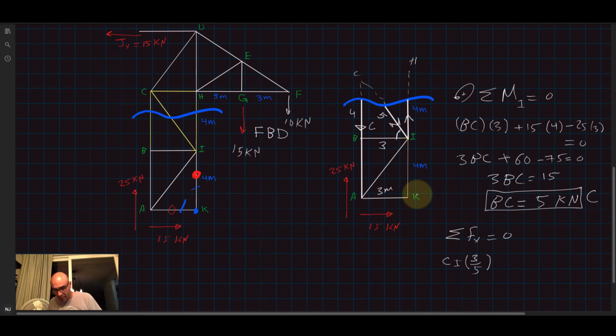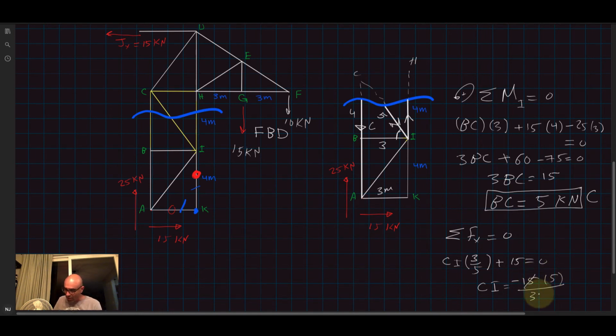Is there any other x-axis force? That is it, I think. Plus 15 is equal to 0. It's going to the positive x-axis. So CI, after some calculation, is equal to minus 15 multiplied by 5 and divided by 3.